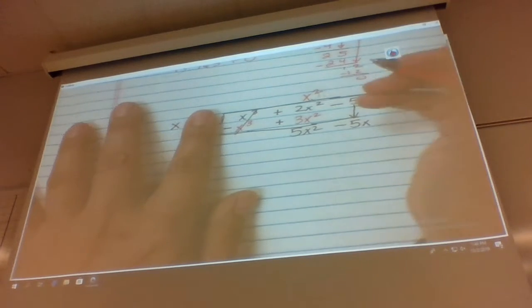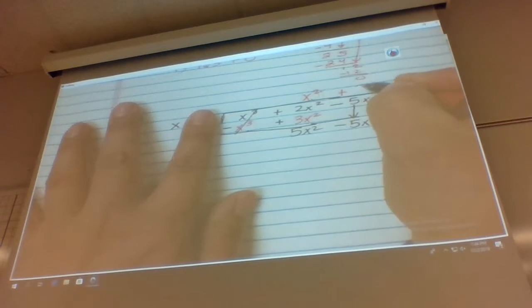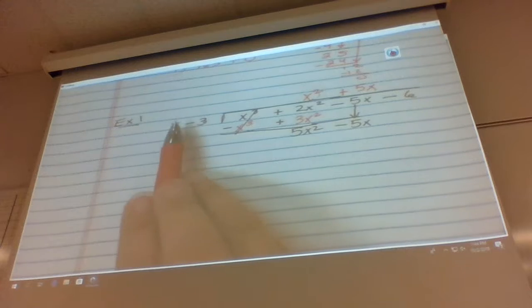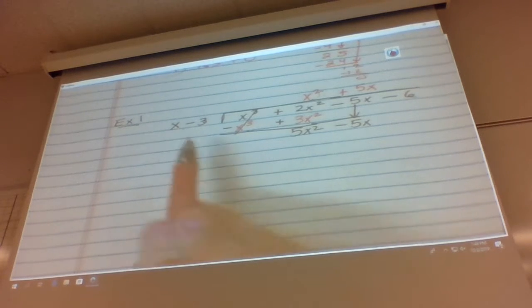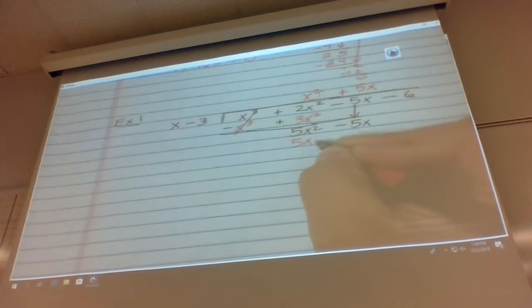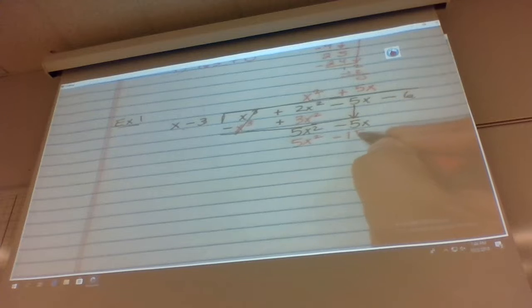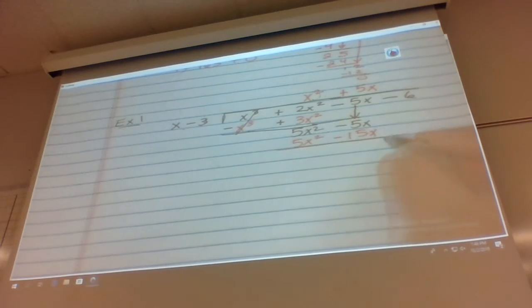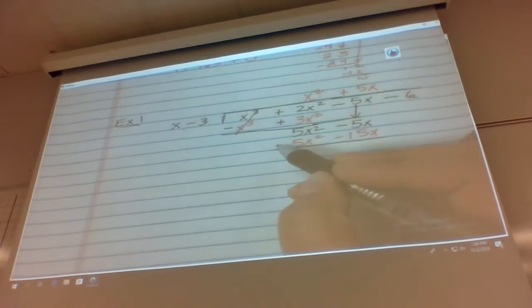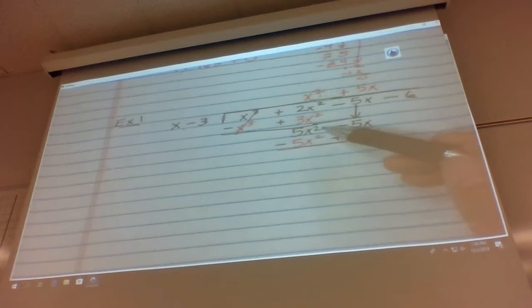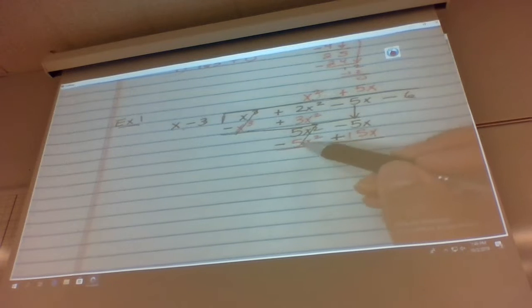So a positive 5x. So this 5x times the x is who? 5x squared. This 5x times the -3, -15x. But then this becomes a minus, and this becomes a positive. Did these two cross out? Yes. Yay, I'm doing good.